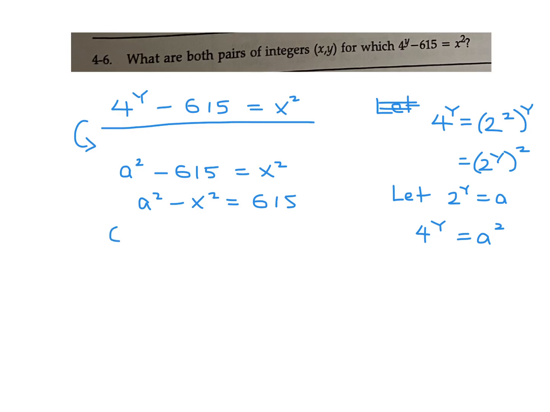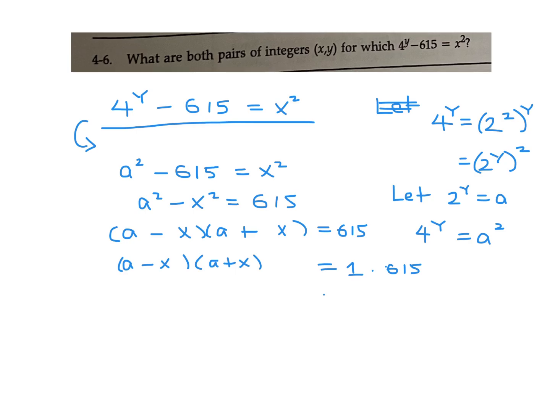Okay, so this is a fairly simple factoring job. Now I guess by inspection I have to figure out what possibilities we have for these factors. Well, you can have 1 times 615.